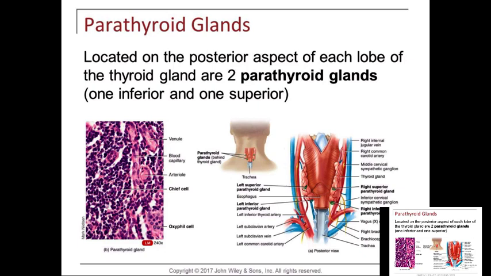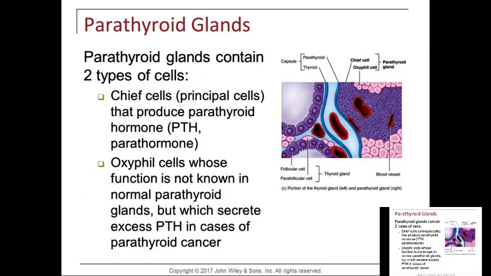So the parathyroid gland, there are two in the right lobe and two in the left, superior and inferior. The parathyroid gland contains two types of cells, the chief cells and the oxyphil cells. The chief cells are the principal cells that produce PTH, or parathyroid hormone.